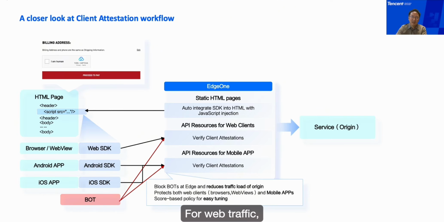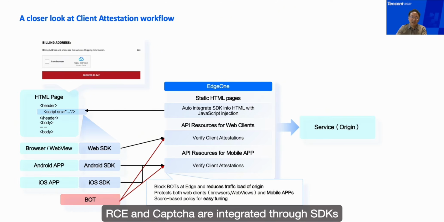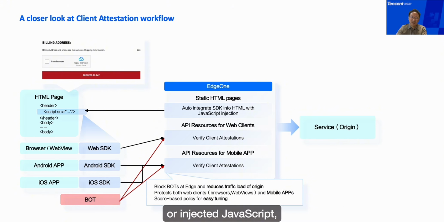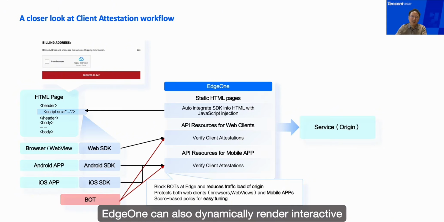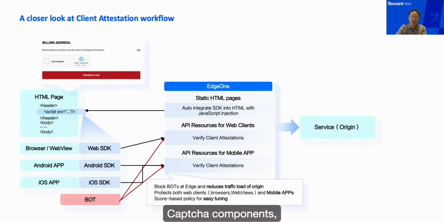For web traffic, RCE and CAPTCHA are integrated through SDKs or injected JavaScript, enabling client-side environment checks and behavioral detection. EdgeOne can also dynamically render interactive CAPTCHA components with verification results sent back to policy evaluation.